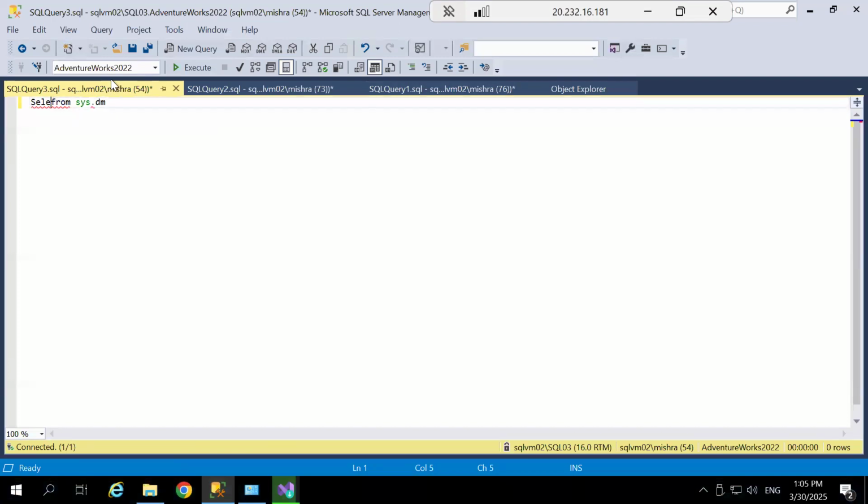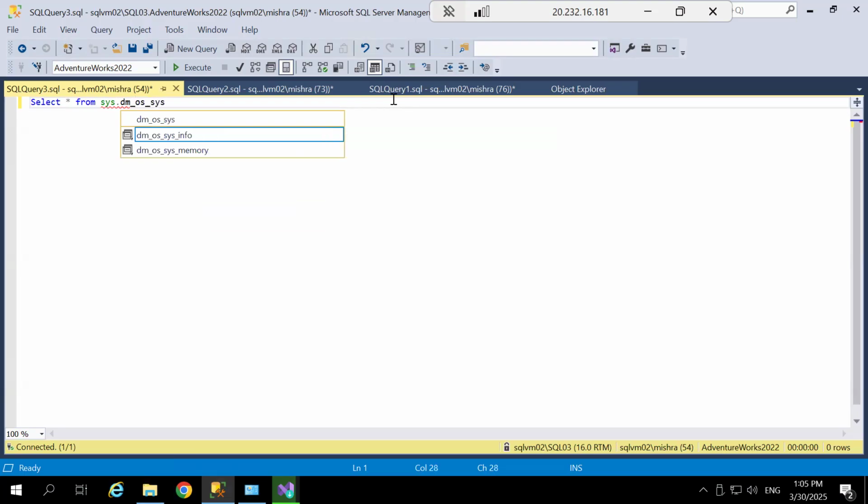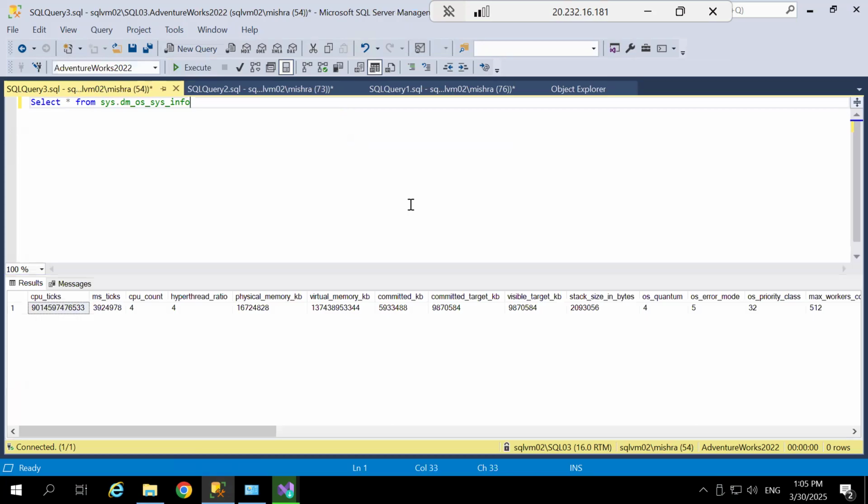Select star from sys dot dm underscore os underscore sysinfo, right? So how many processors do we have here? We can see the CPU count is 4.